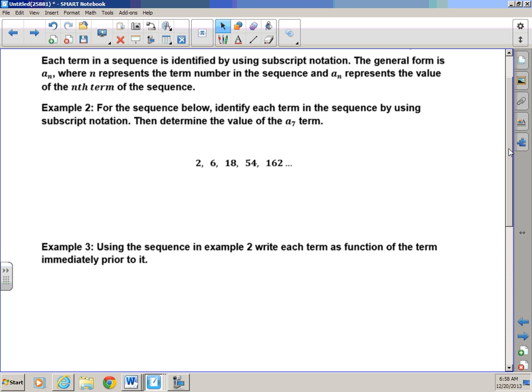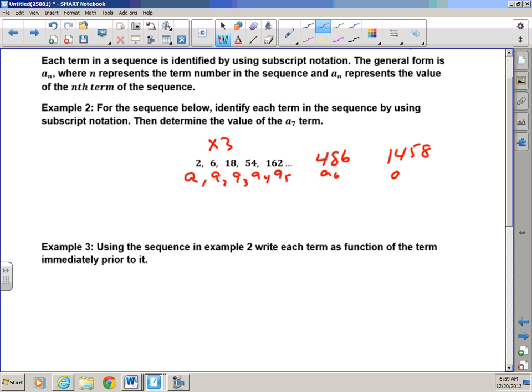As you might remember, just to refresh, we have notation that we use, that subscript notation. A2 is A1, 6 is A2, etc. Now, hopefully you're going to see that what we're doing is multiplying by 3, so that the next term, A6 is 486, and A7 is 1458.